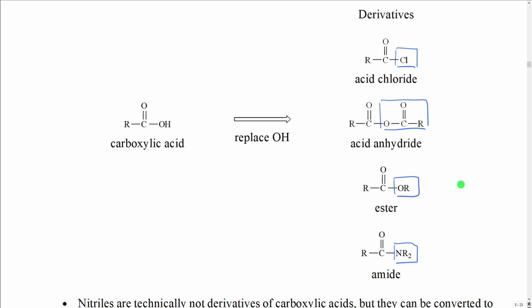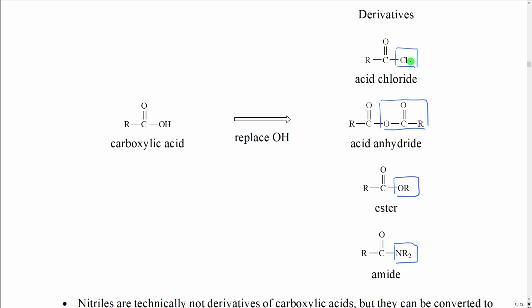And in fact, in several cases, it is actually possible to do this not only conceptually, but in fact. So for example, we are going to see that acid chlorides are made directly from carboxylic acids. So when we have substances that are directly made from a different substance, we can say that the new substance is derived from the original substance.